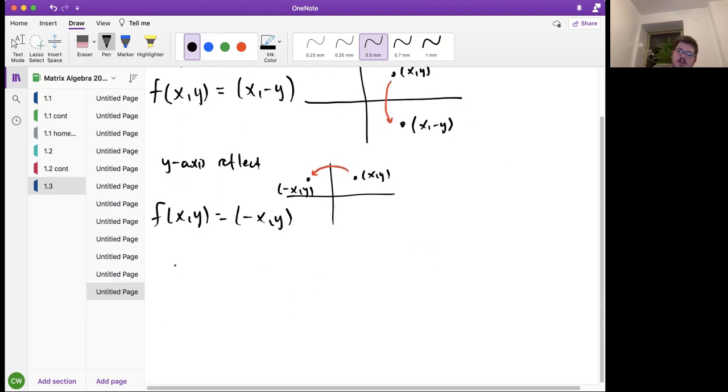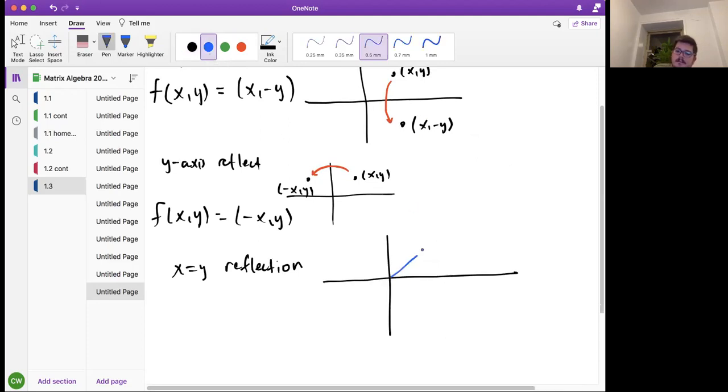And you remember this one, the x equals y reflection. So a hint is that this was used in talking about inverses. So let's look at the picture first, then you might want to change your answer. There's no negatives, right? This is still in the upper right quadrant.